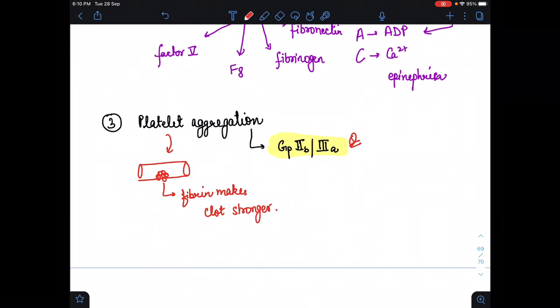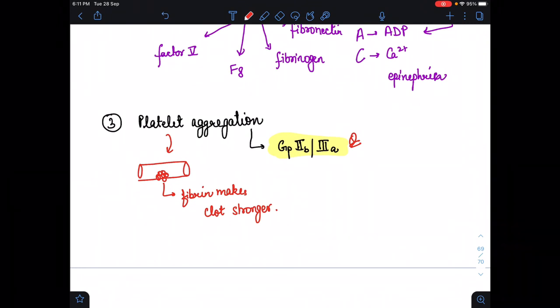In this way platelet aggregation goes on, and the particular place where the platelets aggregate becomes strong enough to prevent the leakage. So these were the three steps: first platelet adhesion, then platelet activation, and then the platelets aggregate and make the site stronger so that the blood will not leak.